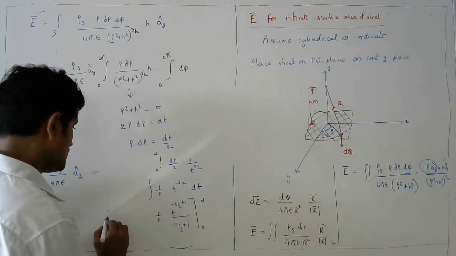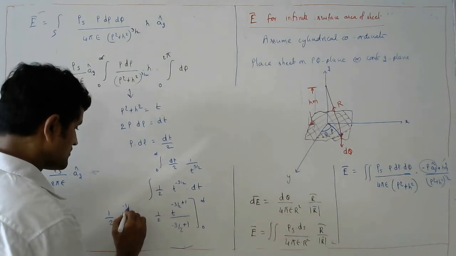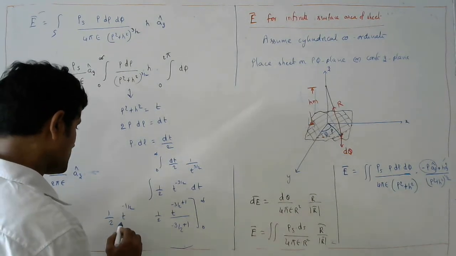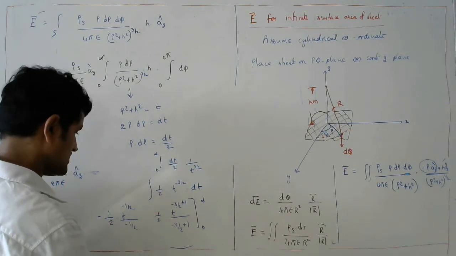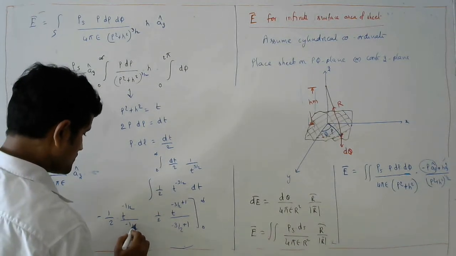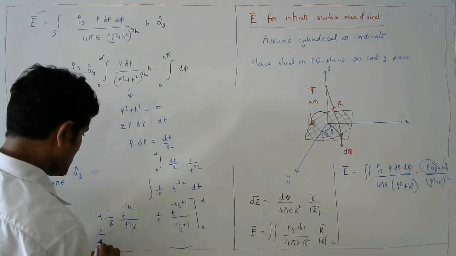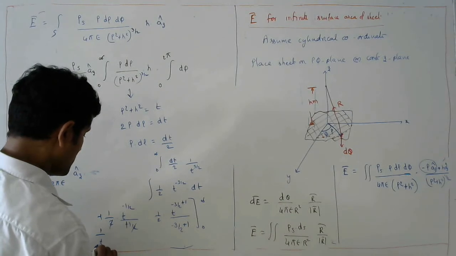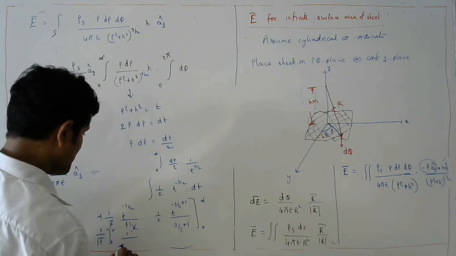This is equal to 1 by 2 into t to the power of minus 1 by 2 divided by minus 1 by 2, and the minus signs cancel. So t to the power of minus 1 by 2 is nothing but 1 by root t, from the limits 0 to infinity.